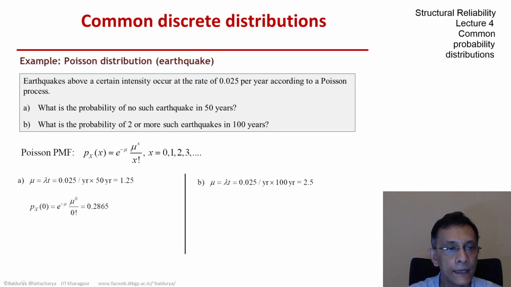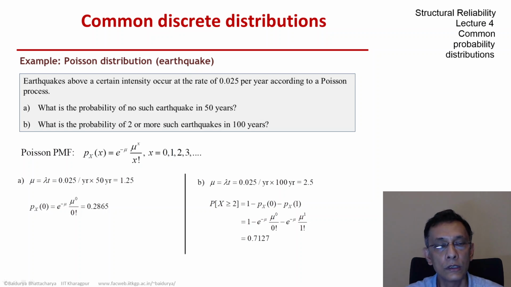In part B, the mu is different because my rate is the same, but the interval is now longer. So mu is 2.5, and we are required to find 2 or more earthquakes. So we look at the complementary event. So it's 1 minus p of no earthquake and p of 1 earthquake. So if you do the math, the answer is about 71%.